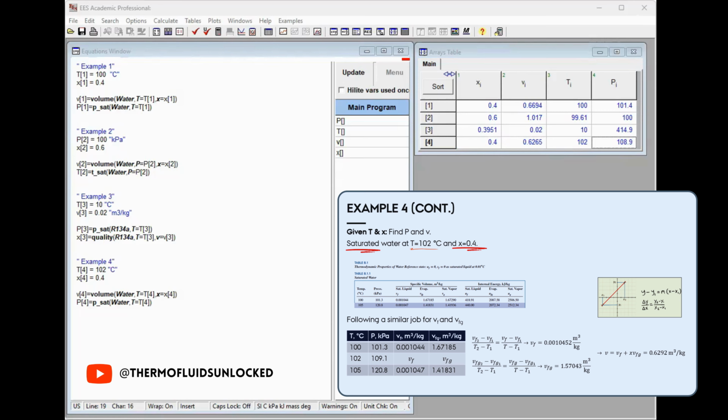So you need to do 3 interpolations in this problem in total, and just 2 to find VF and VFG for 102 degrees Celsius, and then use that correlation, which is VF plus X VFG, to find the effective specific volume of the mixture, which is 0.62, and EES just gave it to us in a second.